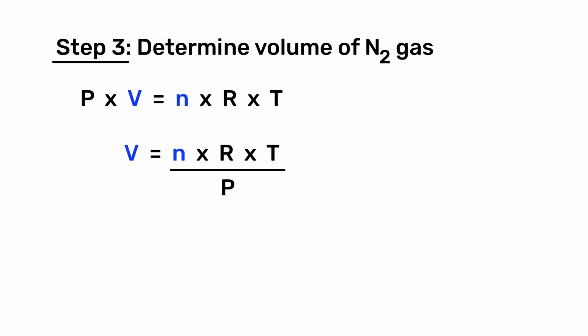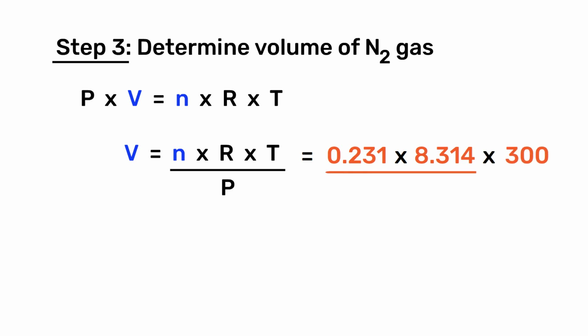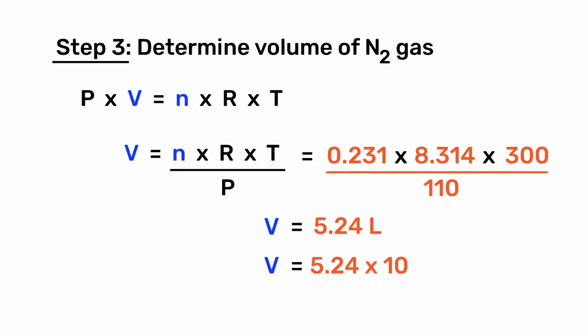The volume of nitrogen would be the amount in moles of nitrogen gas, which you've just calculated, times 8.314, that is R, and 300 as the temperature in Kelvin, divided by the pressure of 110, and you get the volume 5.24 liters. And if you have to report it in milliliters, you simply multiply it by 1,000.